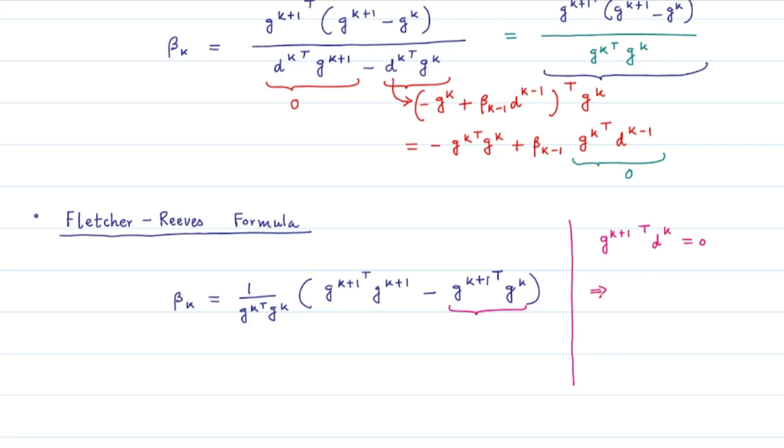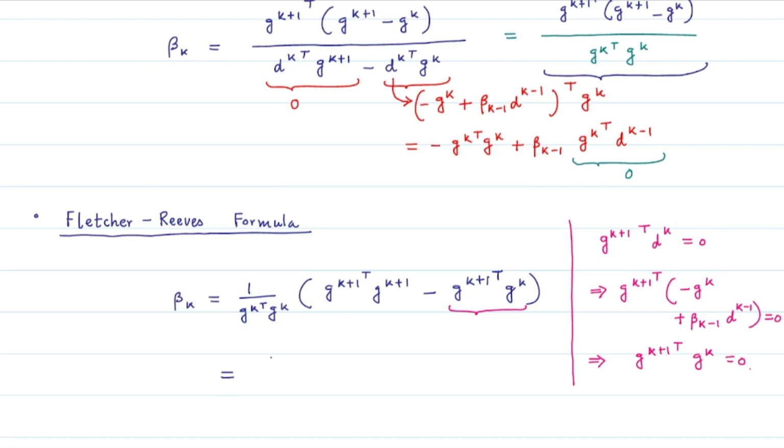Now we write the expression of d_k, which is minus g_k plus beta_{k-1} d_{k-1}, and this further gives that g_{k+1} transpose d_{k-1} is equal to 0, and hence g_{k+1} transpose g_k is equal to 0.